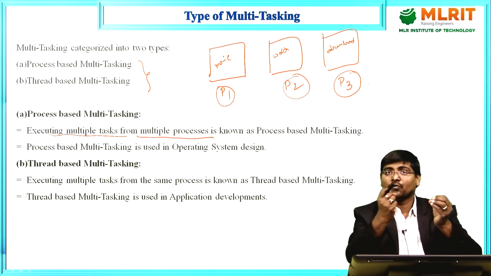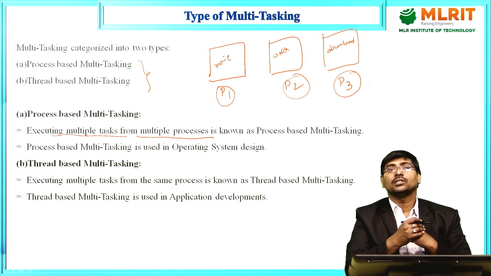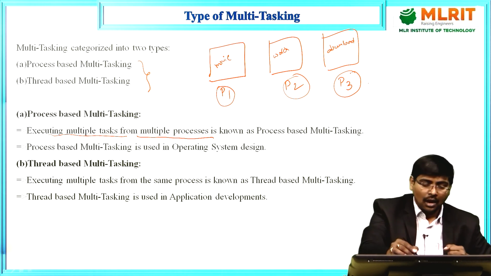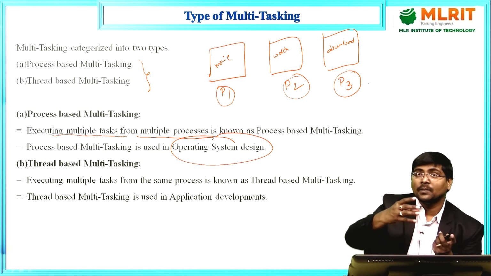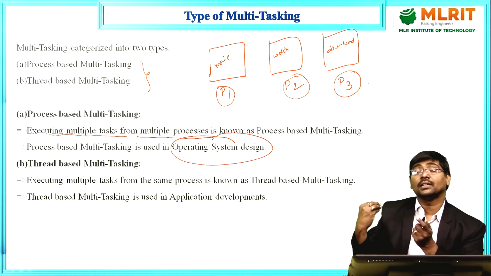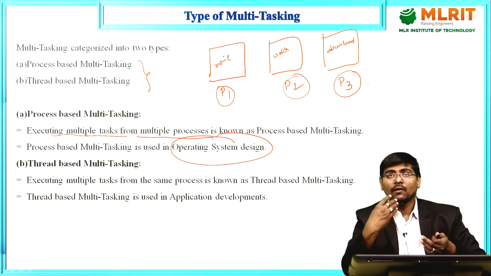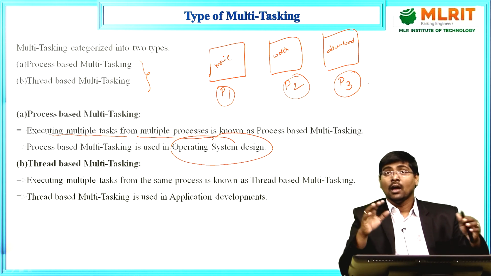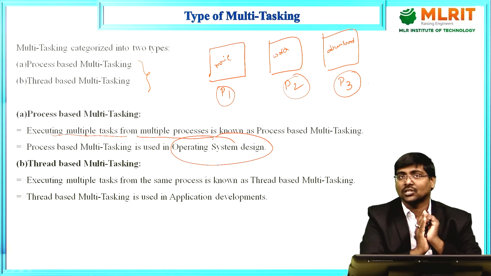Taking the tasks from different processes is called process-based multitasking, where we are using the operating system design. Why? Only the operating system does multiple tasks at the same time. Just now I said, I am listening to some music, meanwhile explaining some concepts, meanwhile some software is downloading. All this control is under the operating system.